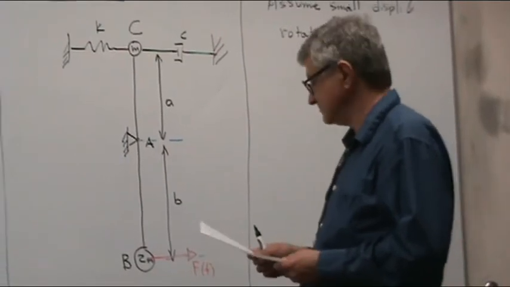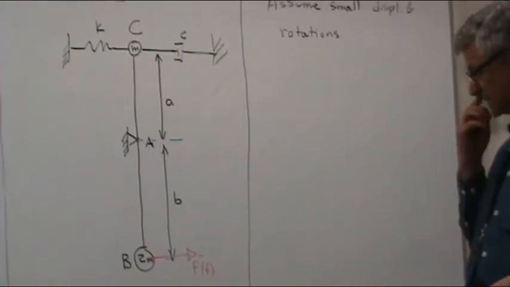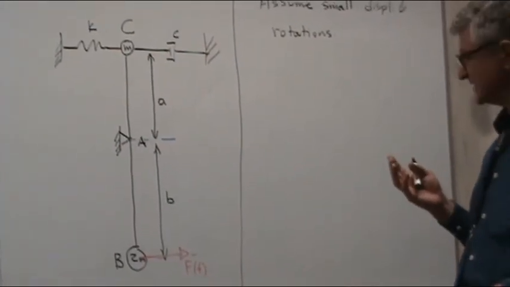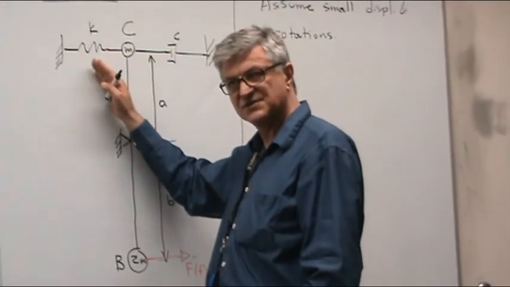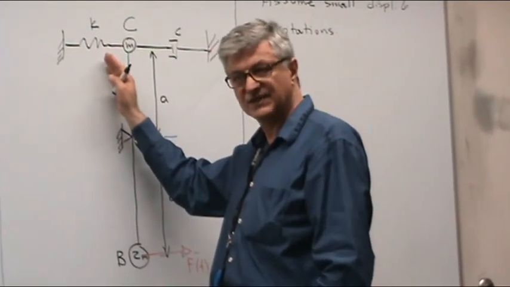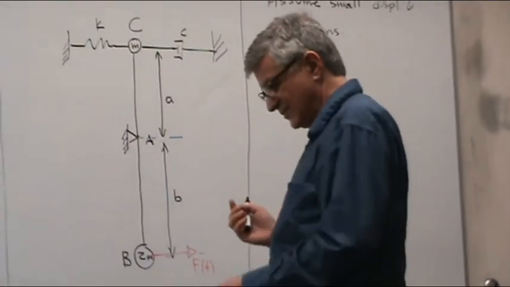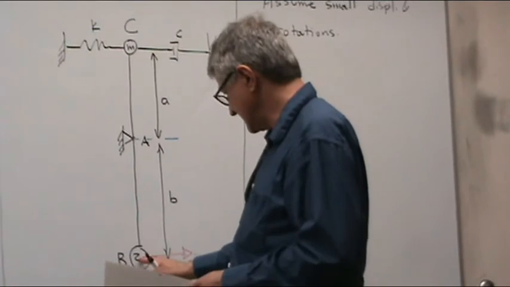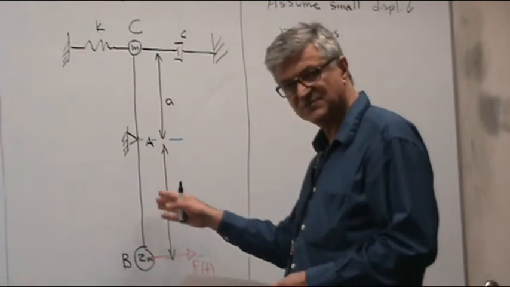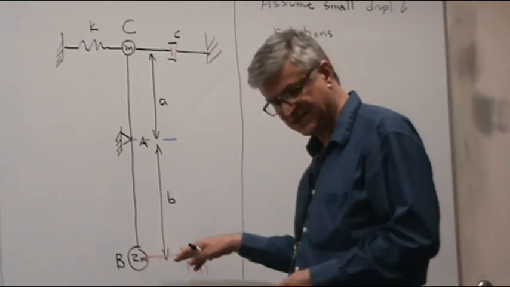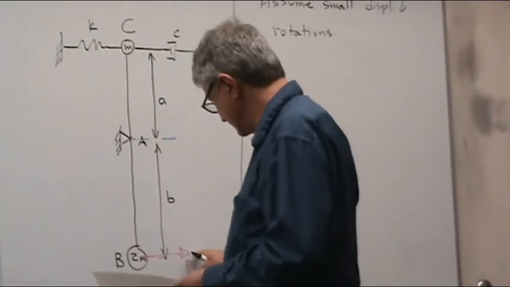And there are actually more than 2 options for the degree of freedom. One would consider the angle of rotation. So theta could be the degree of freedom. That's one choice. Someone may want to consider as a degree of freedom the displacement of the lower mass. And since the rotations are small, this is a horizontal displacement.